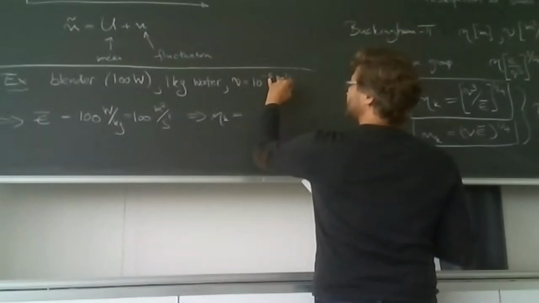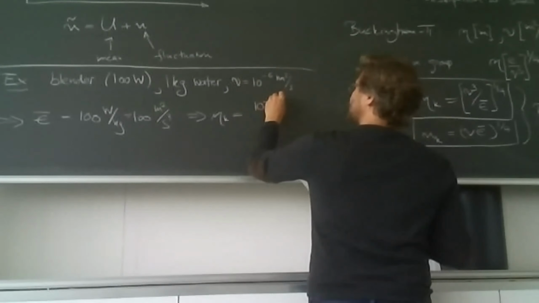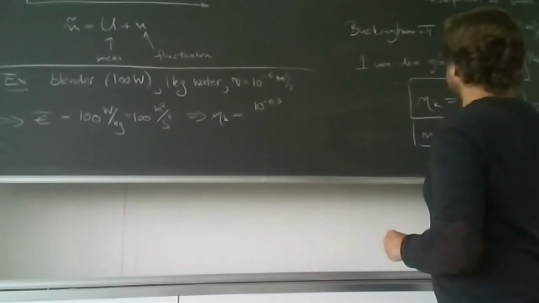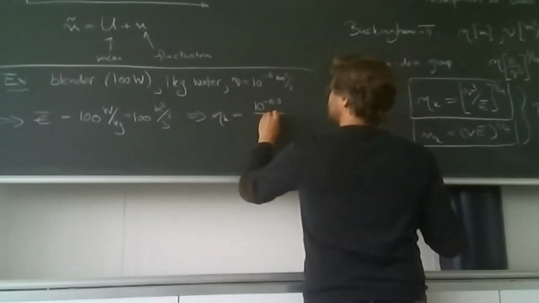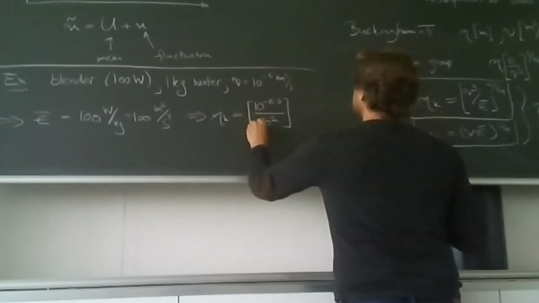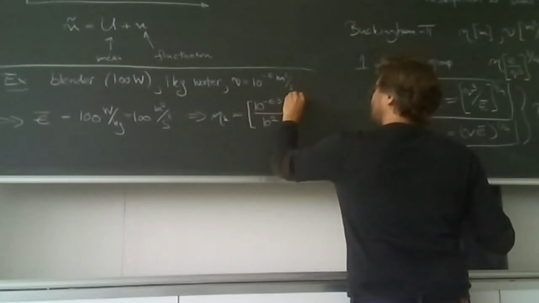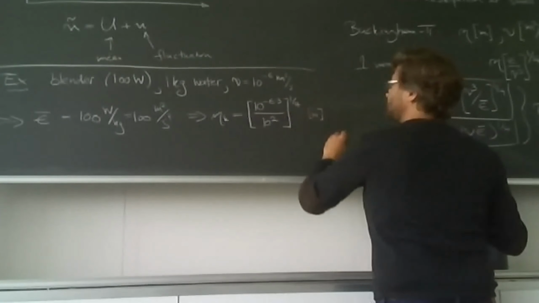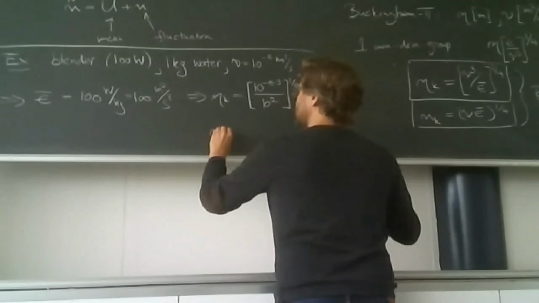So nu is 10 to the minus 6, and 10 to the minus 6 to the power 3, that's nu to the third power, divided by epsilon, that is 10 to the 2. And all of this to the 1/4. And that will be in units of meters. How much is that?